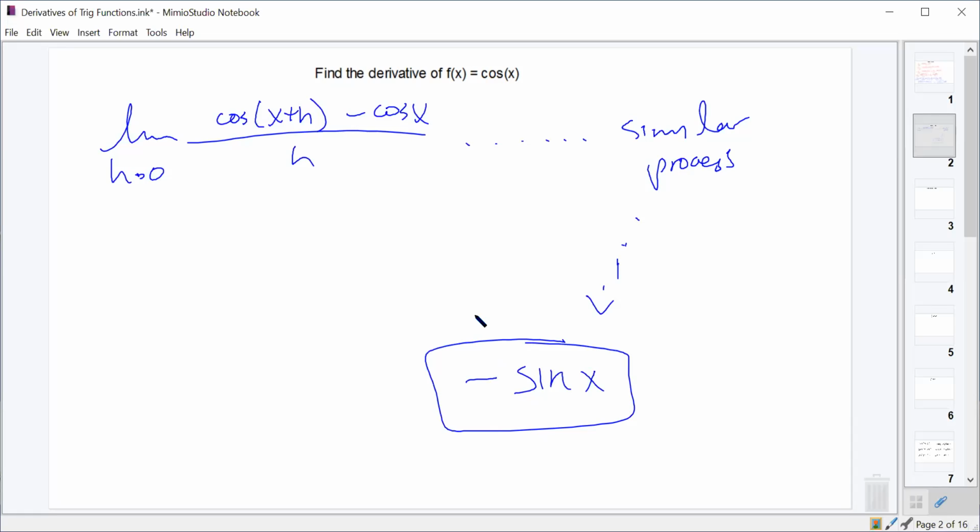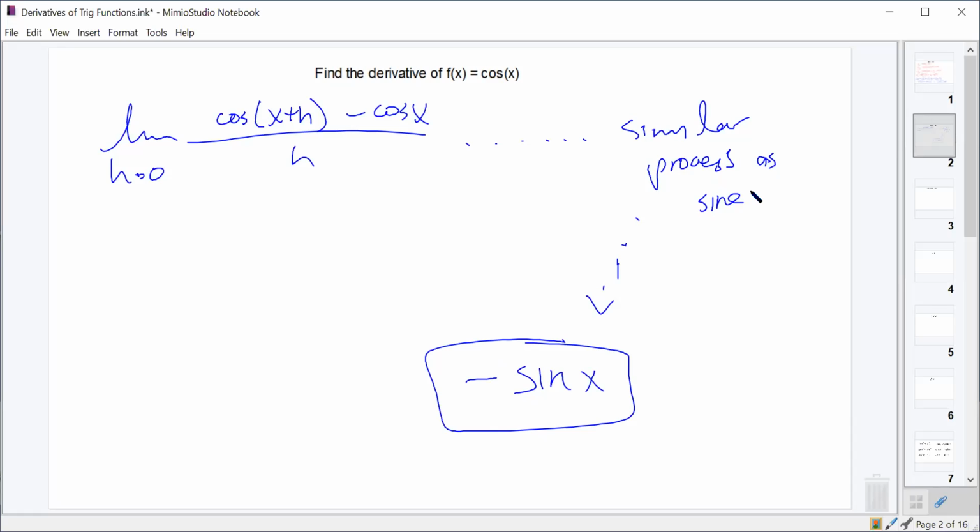I'm not going to make us go through the whole process, though. We just did it for sine, and it looks almost identical. Everybody okay with us calling the derivative of cosine negative sine? I promise you that's what it is. All right. Cool. That's 2 trig functions.